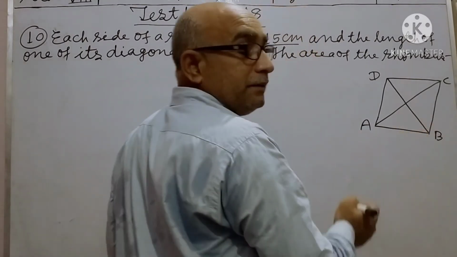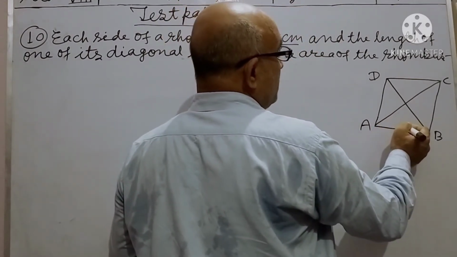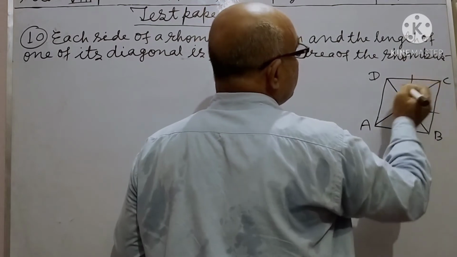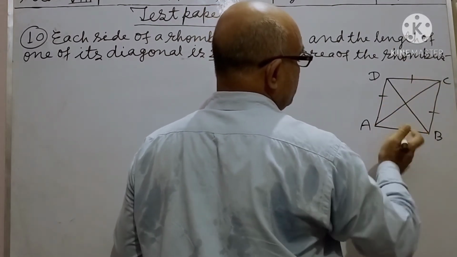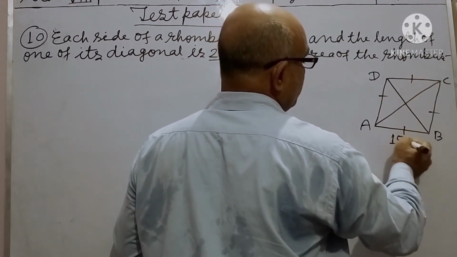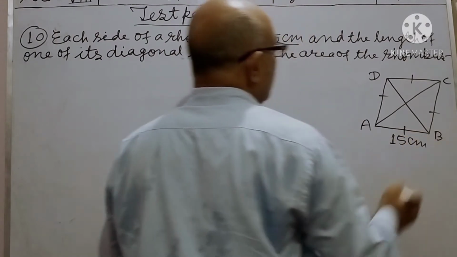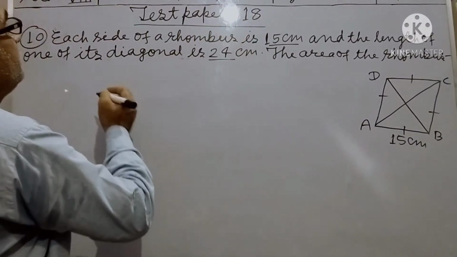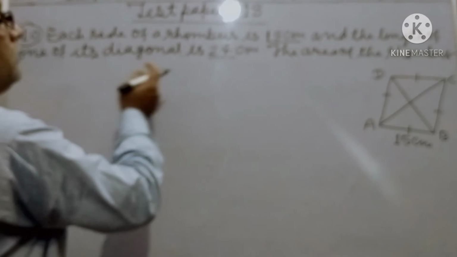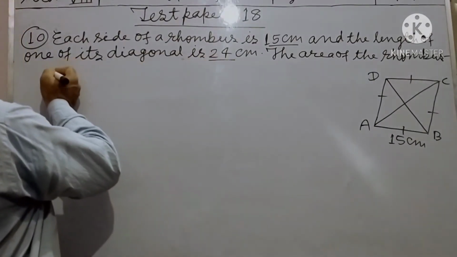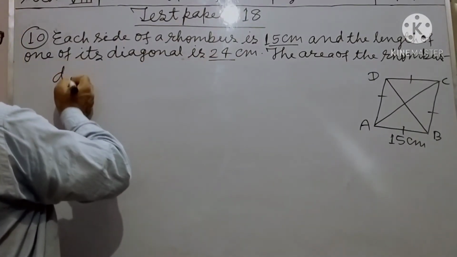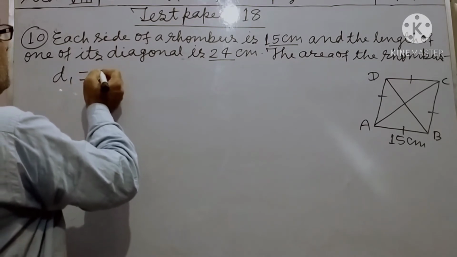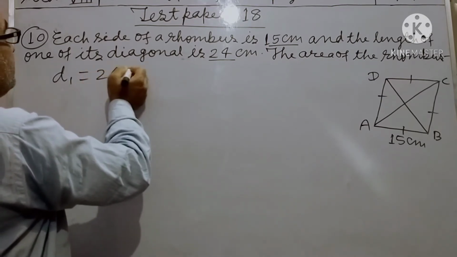We know that all sides of rhombus are equal. So 15 cm, and one diagonal is given 24 cm. So let diagonal D1 equal to 24 cm.